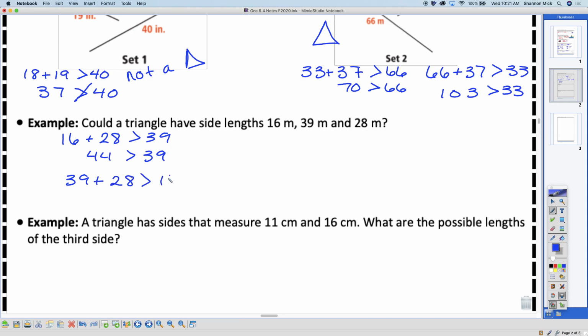You just gotta keep mixing them up. So I get 67. 67 greater than 16? Yep. And what's the last one I gotta do? 39 plus 16 has to be bigger than 28. So is it a triangle? Yes.